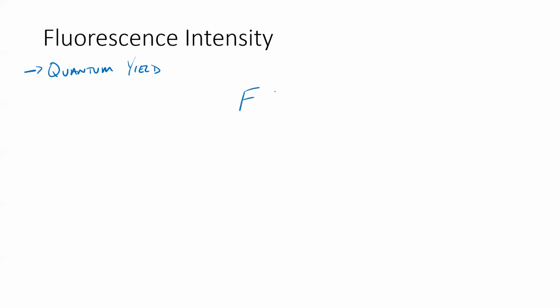And so, of course, F is based on our quantum yield. It's based on that initial intensity. It's based on this factor S, which is an instrumental factor, and that's going to vary from instrument to instrument.